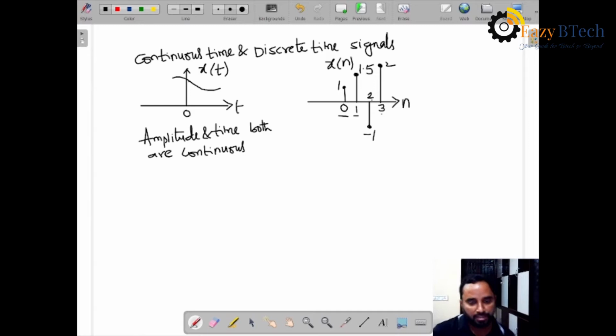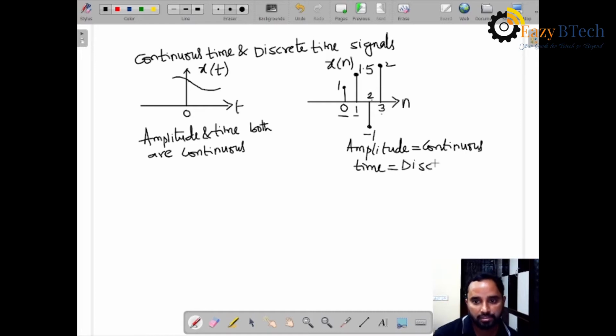And a discrete time signal means amplitude is continuous but time is discrete, at integer values. Amplitude is continuous, any value, but time must be discrete. See here, n is 0, n is 1, n is 2, n is 3: discrete time or integer values.